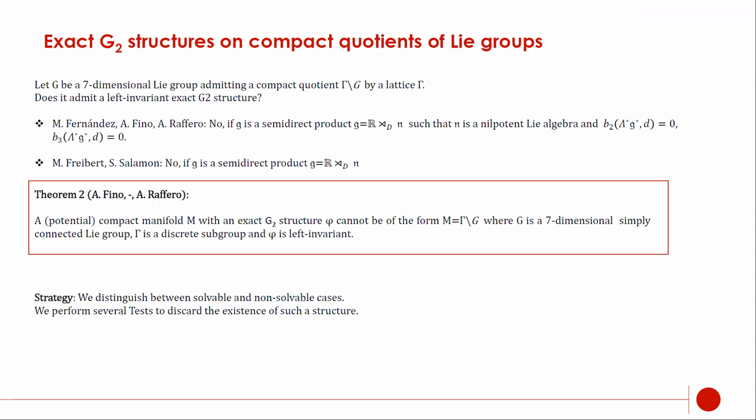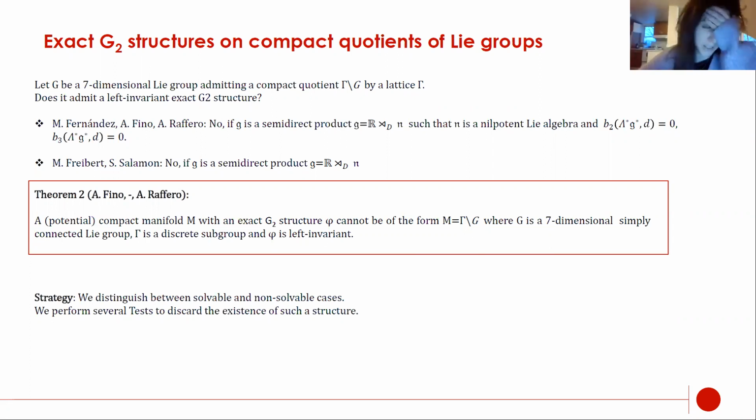There are other situations where there is a paper by Bryant's student, Ball maybe, where he finds other cases where this happens, and I think it would be interesting to know if there could be exact G2 structures there.